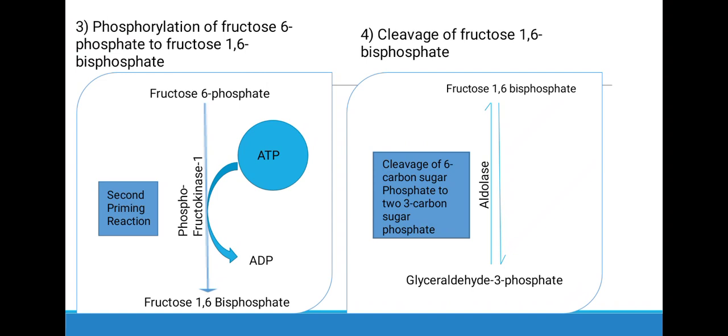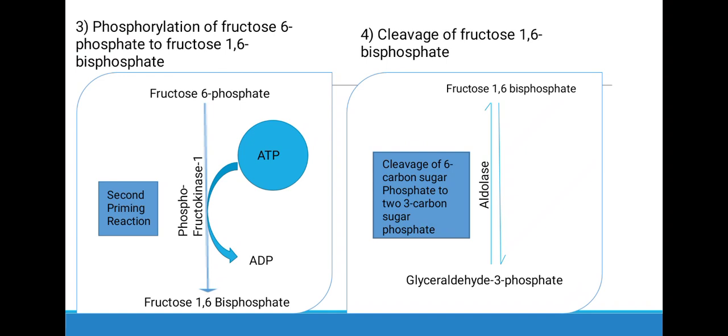Third step of glycolysis, phosphorylation of fructose 6-phosphate to fructose 1,6-bisphosphate. In this step, fructose 6-phosphate is converted into fructose 1,6-bisphosphate with the help of the enzyme phosphofructokinase. It is the second priming reaction, where ATP is converted into ADP.